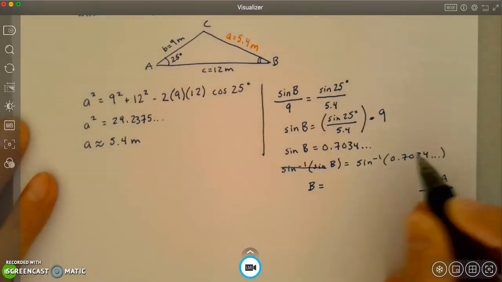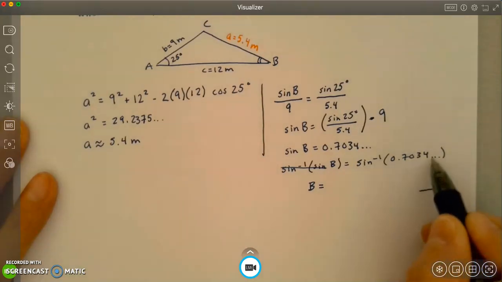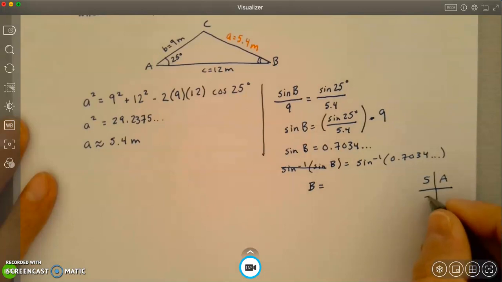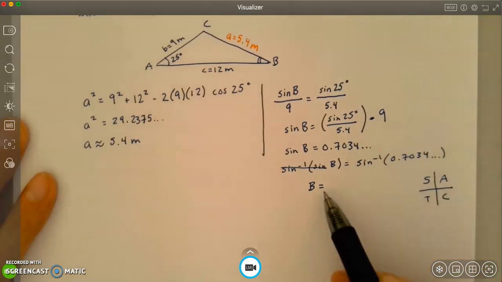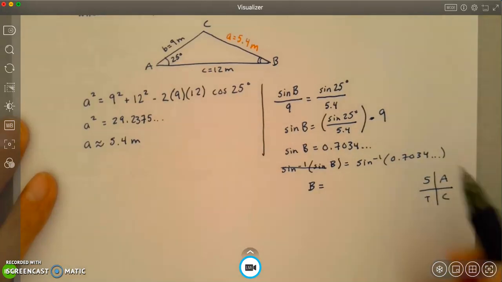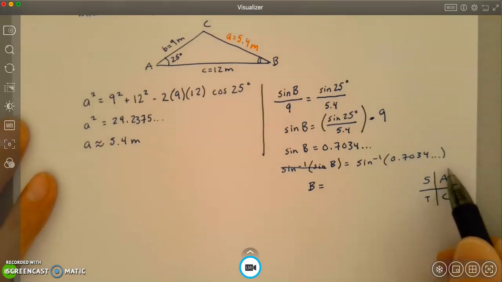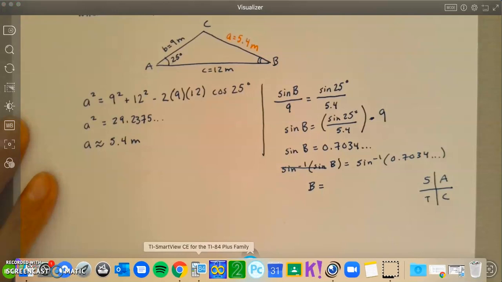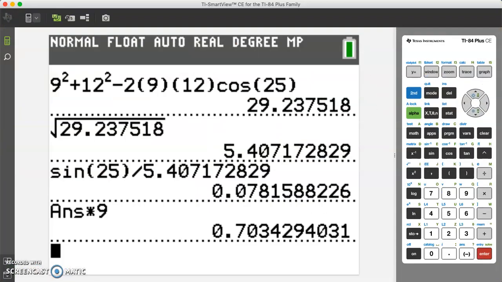Remember that sine has a positive value, so this number is positive, not negative. Sine has a positive value in quadrant 1 and quadrant 2. And so when we do sine inverse, it's going to be possible that we have an angle either in quadrant 1 or in quadrant 2. We're going to have to figure out which one that is. So let's go ahead and do sine inverse of this entire value.